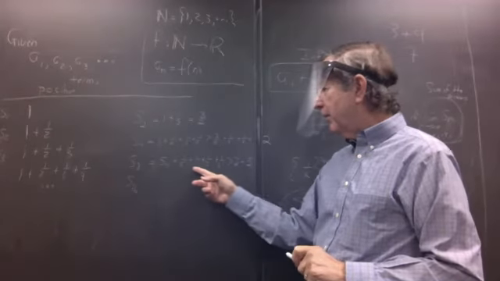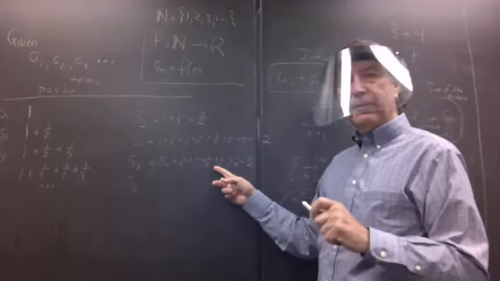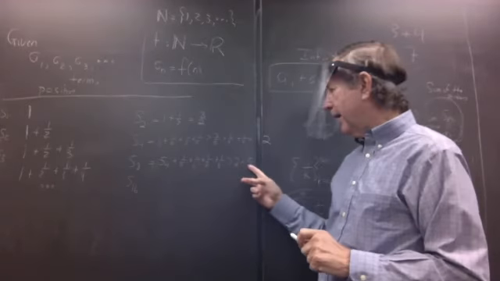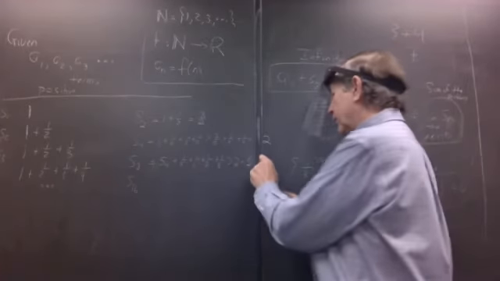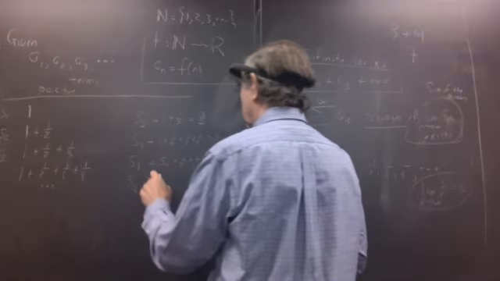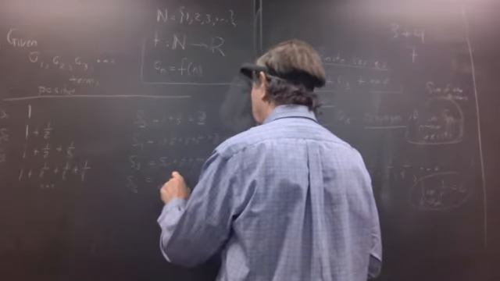So I have a number here, 1/5 plus 1/6 and so on, is bigger than 4/8. That's a half. So this is bigger than 2 1/2. S16, you can show, is bigger than 3.